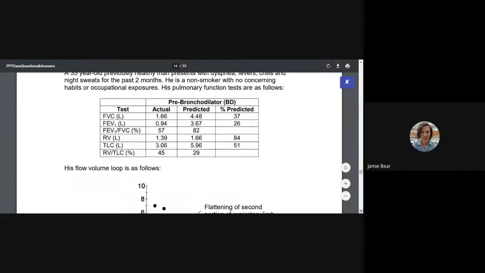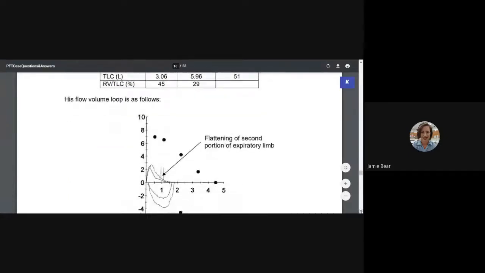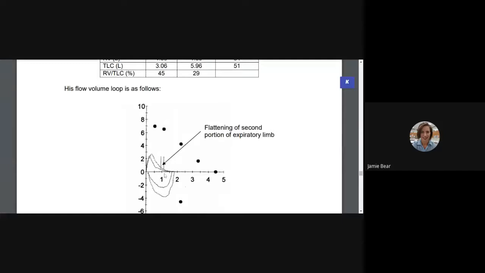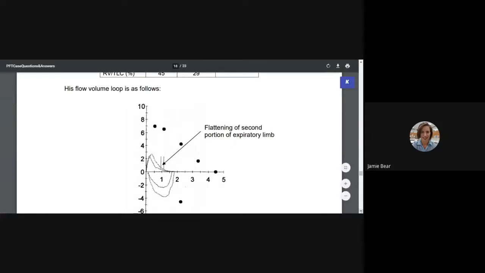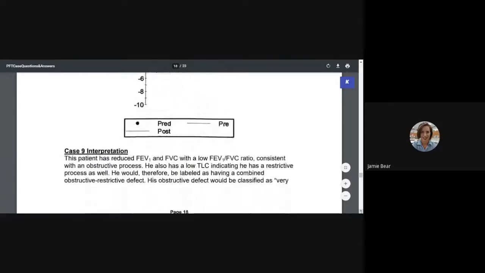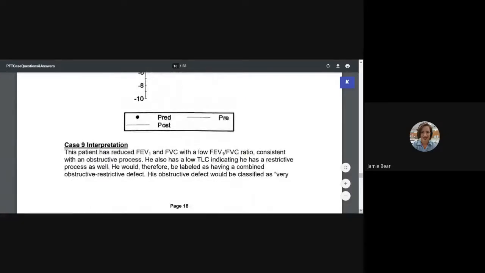Okay, and let's look at the flow volume loop. Ooh, wow. So if we look at this flow volume loop, we can see this scooped out obstructive pattern, and look at this volume. That is showing that it's also diminished. So this person also has both an obstructive and restrictive pattern.